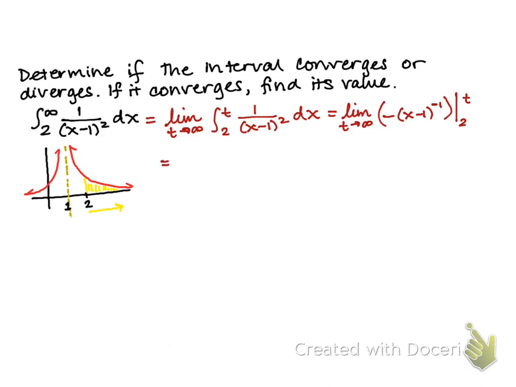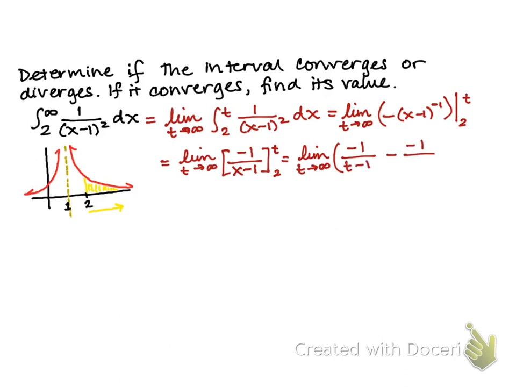Let's rewrite that. This is going to be the limit as t approaches infinity of negative 1 over (x minus 1) from 2 to t, which is the limit as t approaches infinity of negative 1 over (t minus 1) minus negative 1 over (2 minus 1).